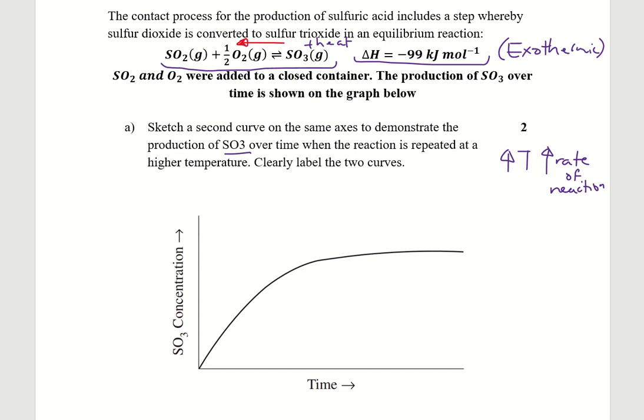So my overall concentration of SO3 will be less. If I draw it out, I'm going to see a sudden increase. That increase is going to be higher, but that plateau point is reached earlier, and the overall concentration is less.